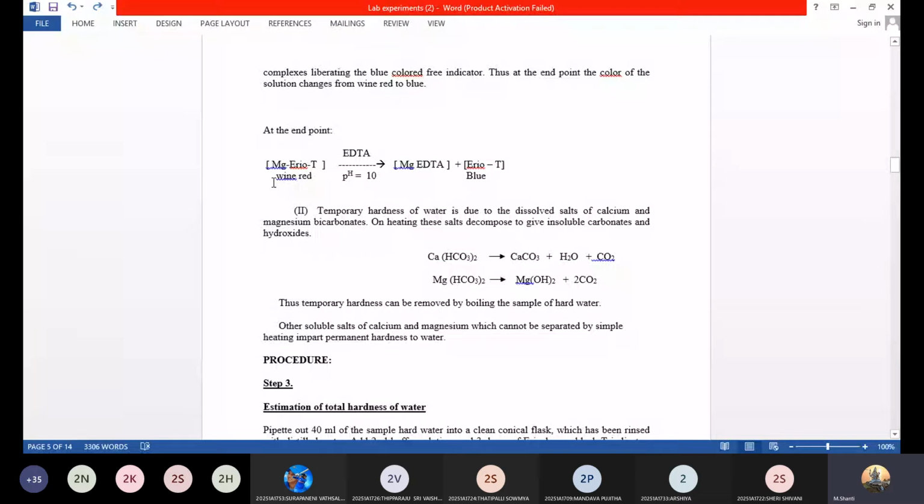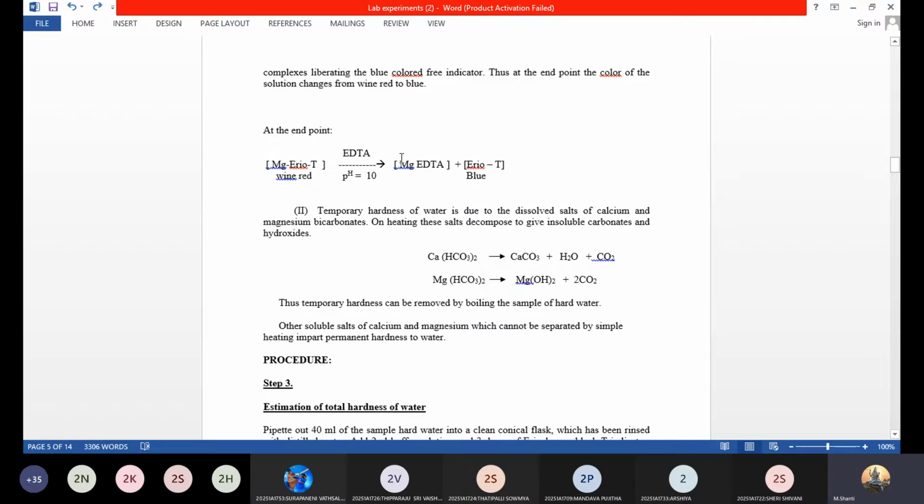Now slowly the magnesium ions will get displaced from this wine red complex, and almost all ions of this wine red complex will form a complex with EDTA, the Mg-EDTA complex, and at the end you are left over only with the indicator.